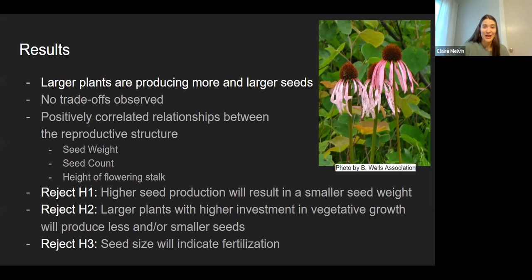So we will reject hypothesis 1, and higher seed production will actually result in larger seeds. Hypothesis 2, where taller plants will actually correlate with higher seed production, and reject hypothesis 3, where seed size is not enough to determine successful fertilization.